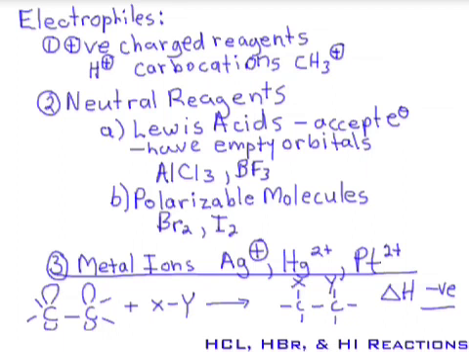Well, let's focus more closely on the reactions with HCl, HBr, and HI. Now, HX can be used by dissolving the hydrochloric or hydrobromic acids in acetic acid and reacting with the alkene, or you can bubble HCl gas right through the alkene itself. Interestingly enough, HI is such a powerful acid, it's usually prepared in situ, which means actually in the reaction tube.